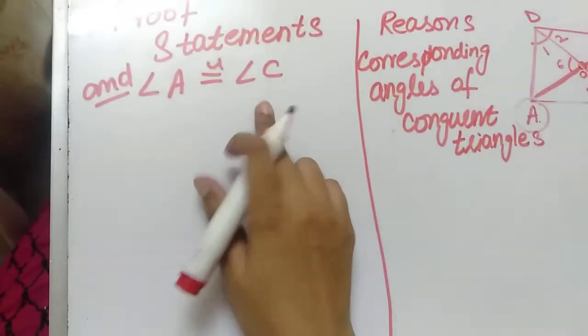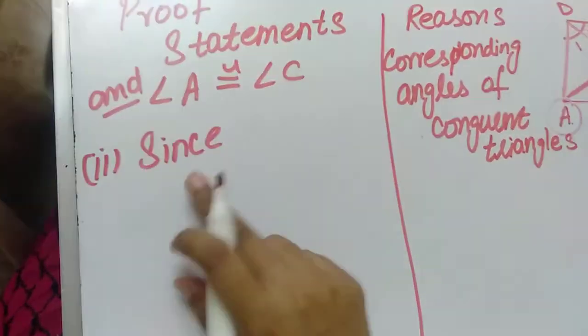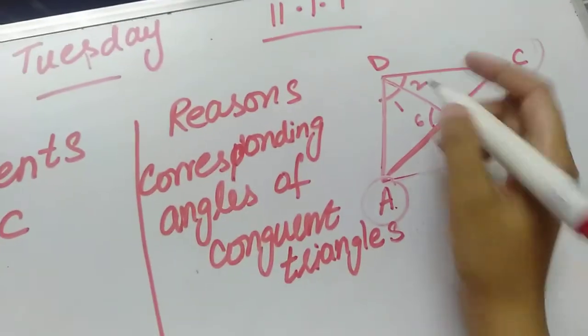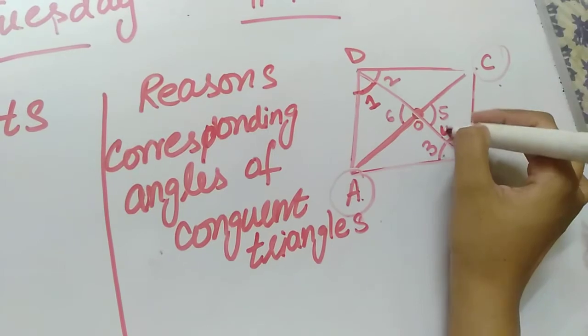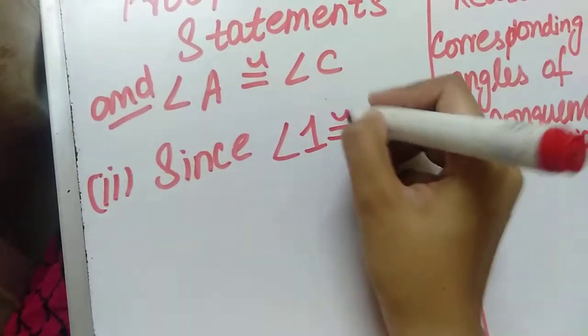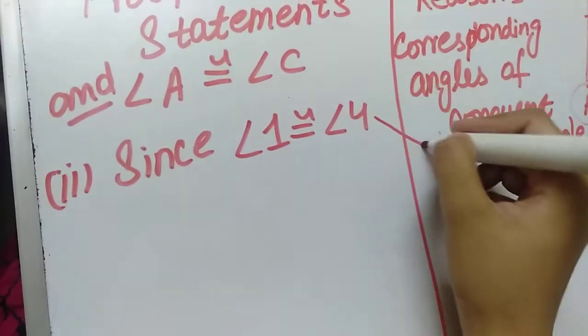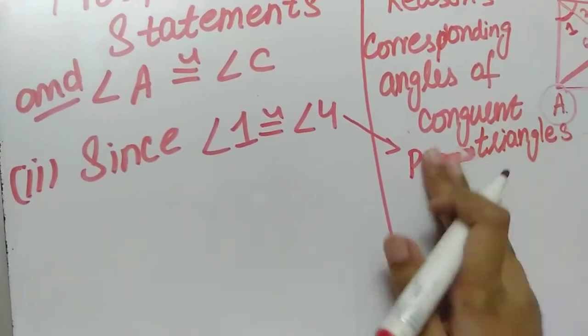Okay, now we will move towards the next step. Since we have already proved that angle 1 is congruent to angle 4, why? Because angle 1 and angle 4 are alternate angles.